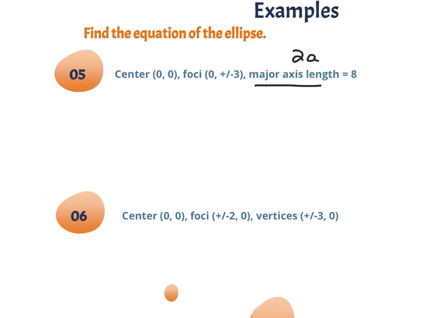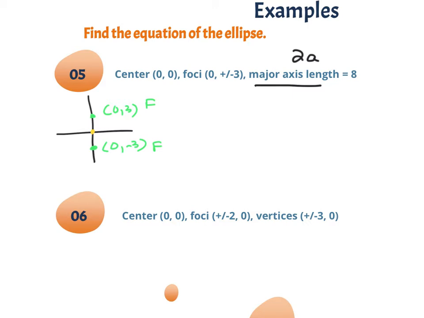So if I give myself a quick little visual here, draw my axis, put my center here at the origin, and then my focus points are on the y-axis. They're here at (0, 3) and (0, -3). These are my focus points. Remember, the focus points are always on the major axis. So you notice how they're both sitting on that y-axis?